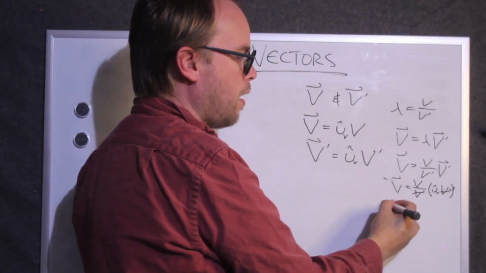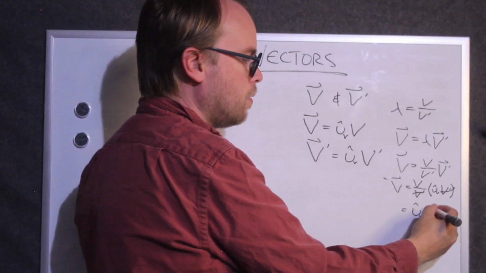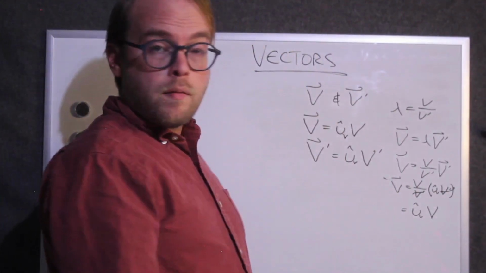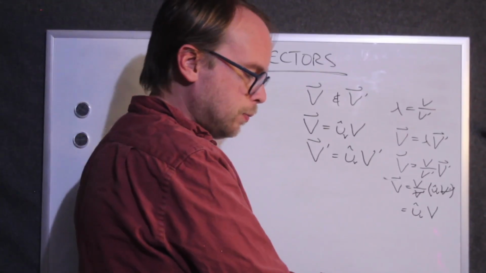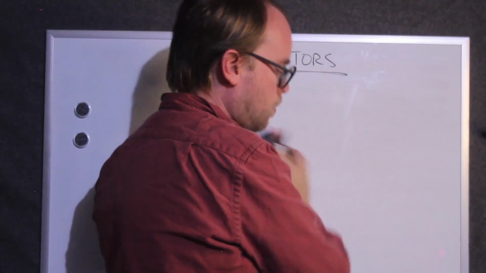That cancels, and you're left with the unit vector in that direction times the magnitude of v. This only works because they're parallel. And so it works backwards too.